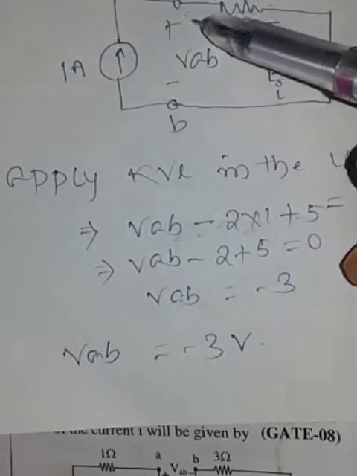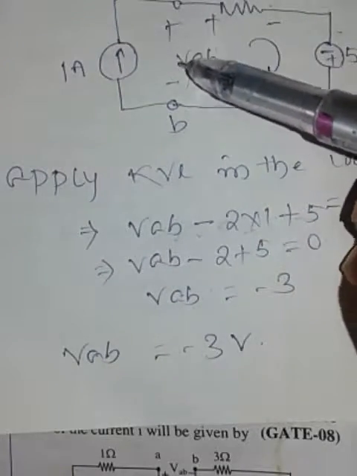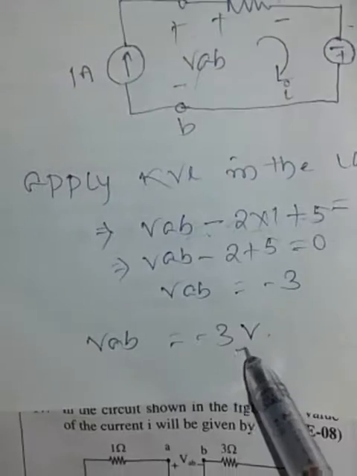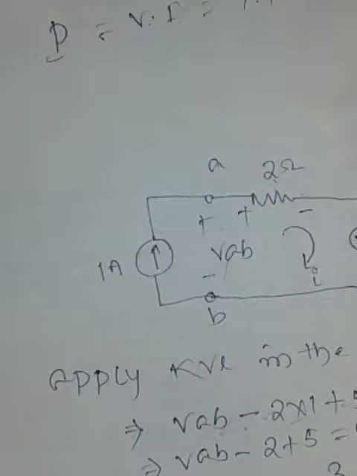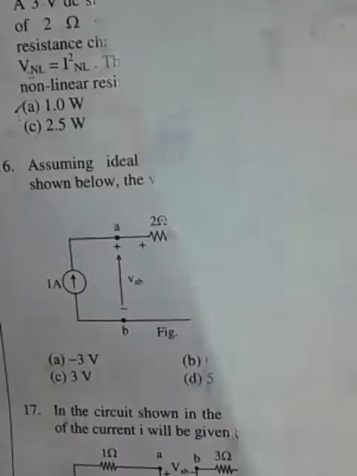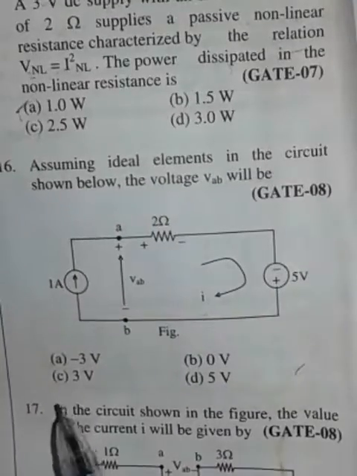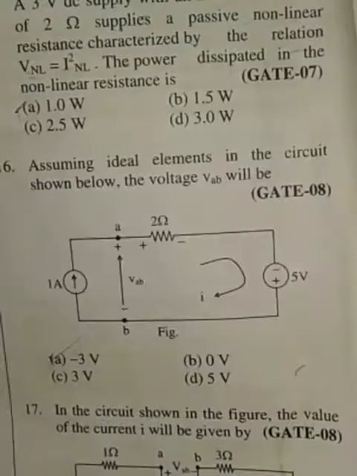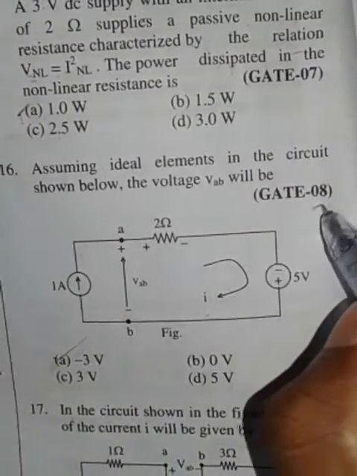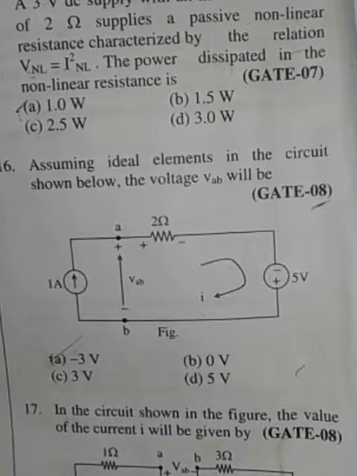So the voltage across this current source, VAB, is given as minus 3 volt. This is the 3 volt drop across the current source. So the given option A is the correct answer. This problem was asked in 2008 GATE for EE students.